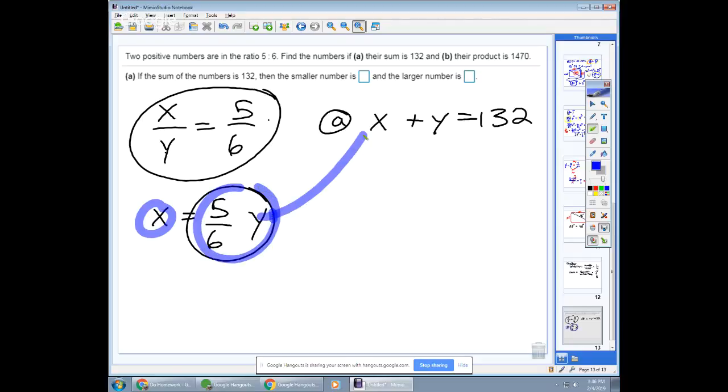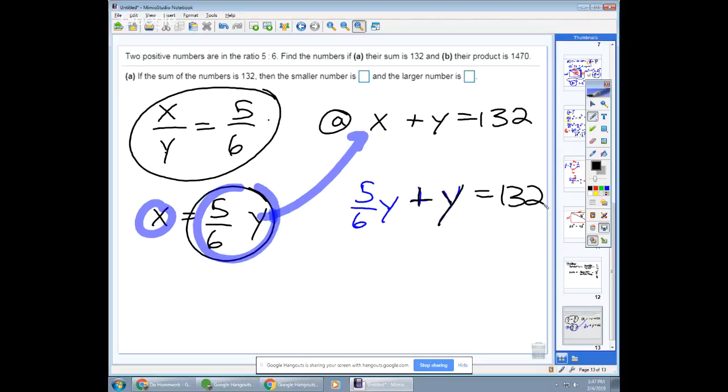So we just do a little substitution right there. We're going to replace that x in the other equation with 5/6 of y. We still have that other y hanging out, right? So I have that other y being added on, and that's 132. So putting these two things together, I've now narrowed it down to just talk about y.